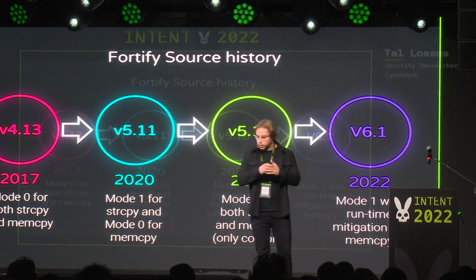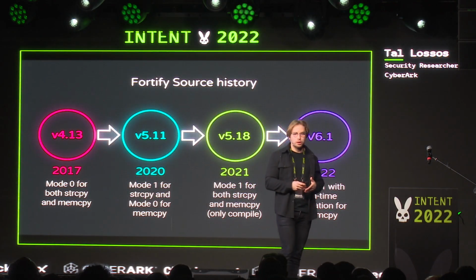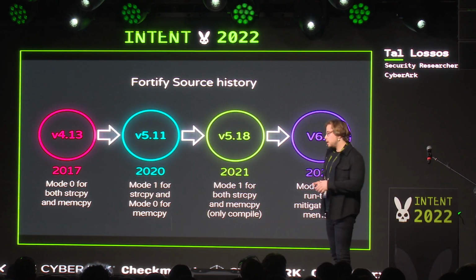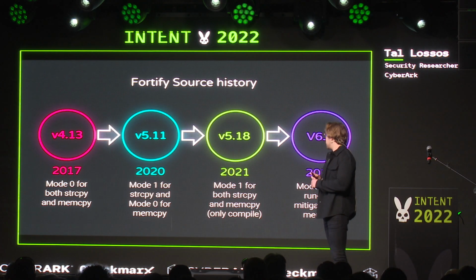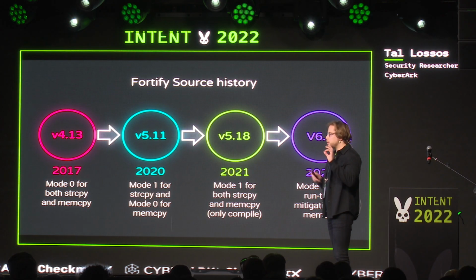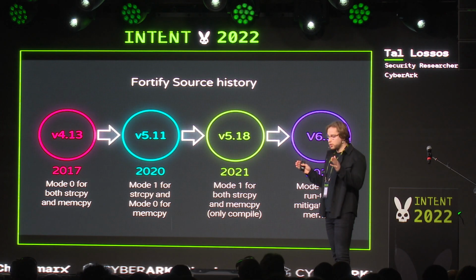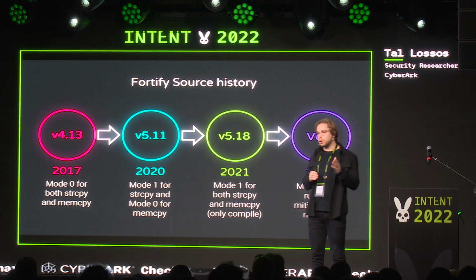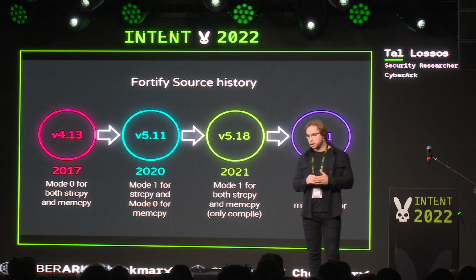So Fortify source got introduced into the Linux kernel in 2017 in kernel version 4.13 with mode 0, if you remember, which is overflowing the entire struct, for both strcopy and memcopy family of functions.